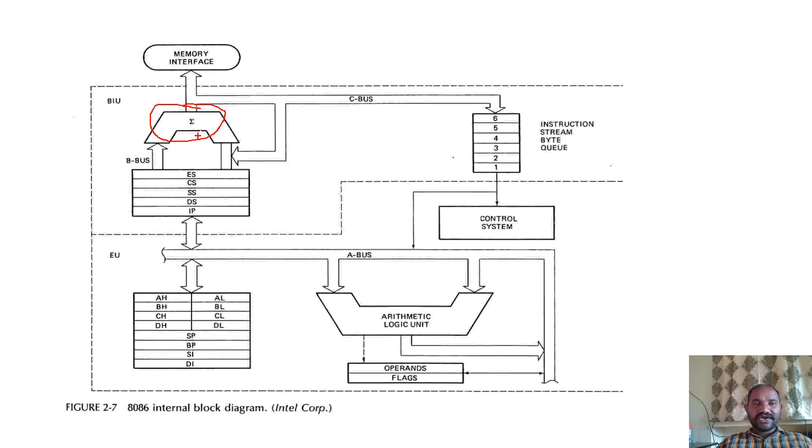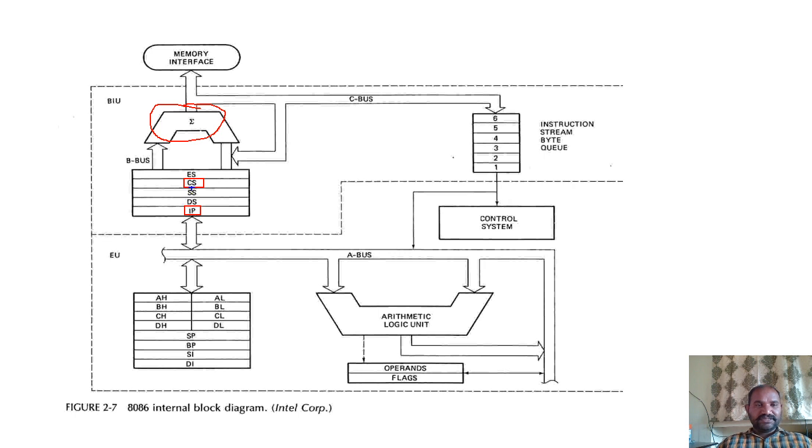Now, in order to calculate this, we are interested in the code segment. To access the code segment, the microprocessor is reading the CS value from here and the IP value from here.